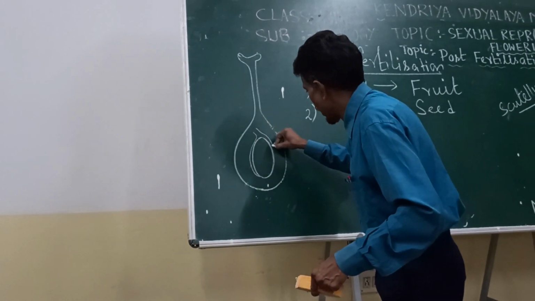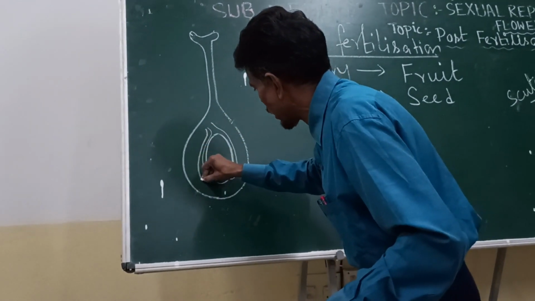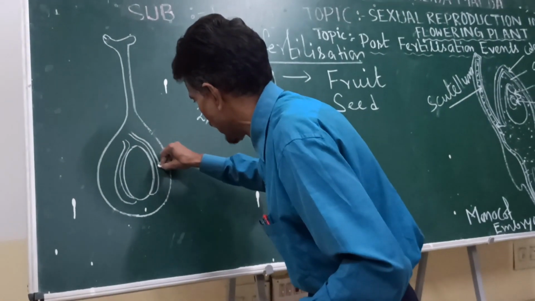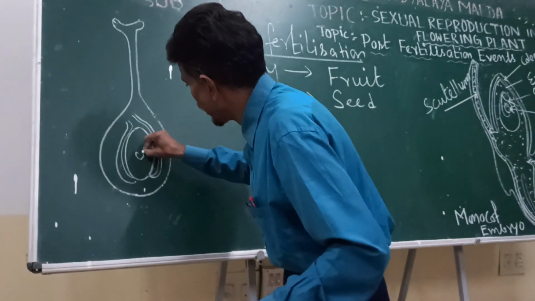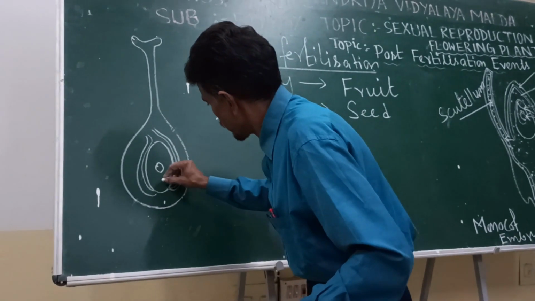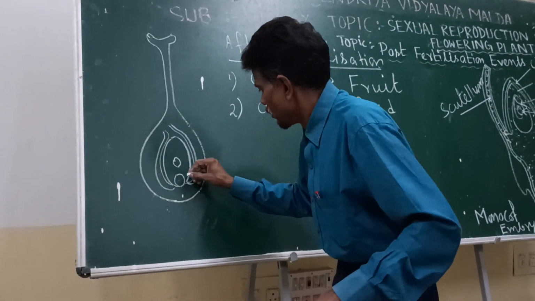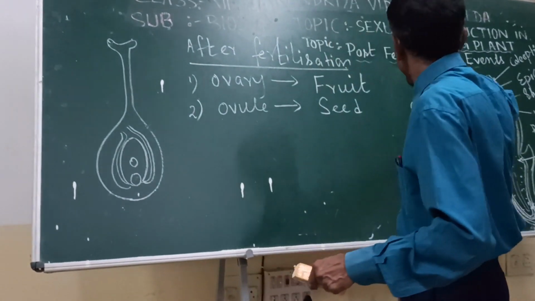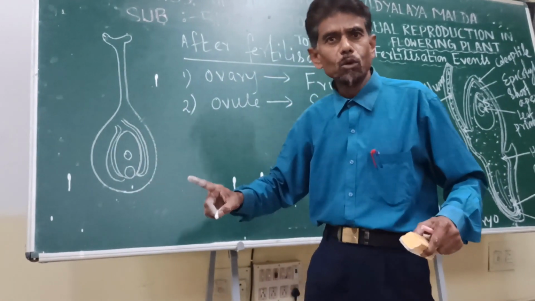You might be surprised why I am drawing this diagram again, because something more I shall discuss here which will require this diagram again. So this egg after fertilization is getting converted into embryo and this polar nuclei getting converted into endosperm.